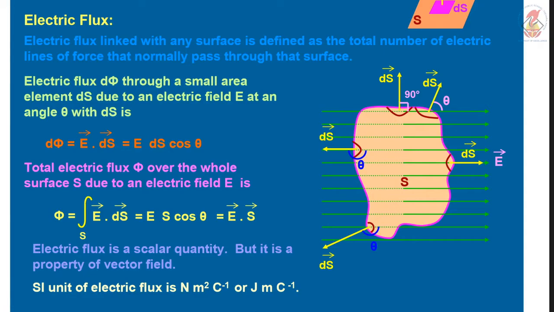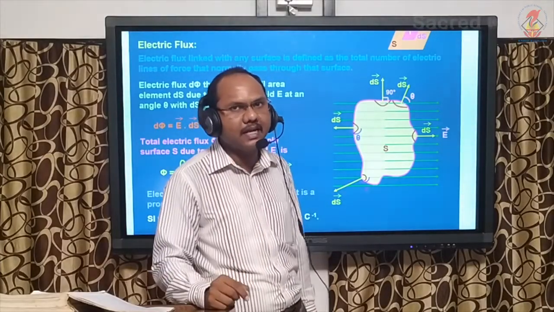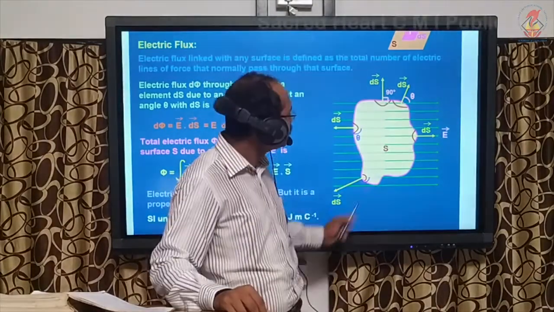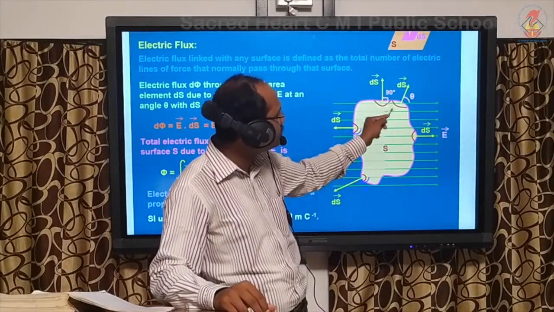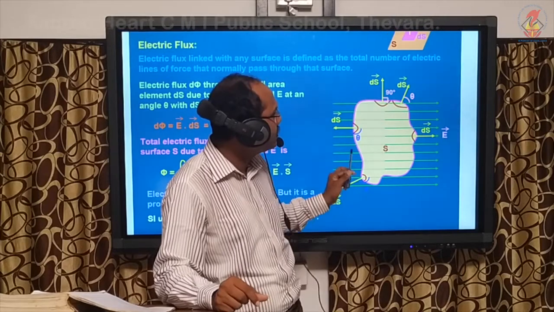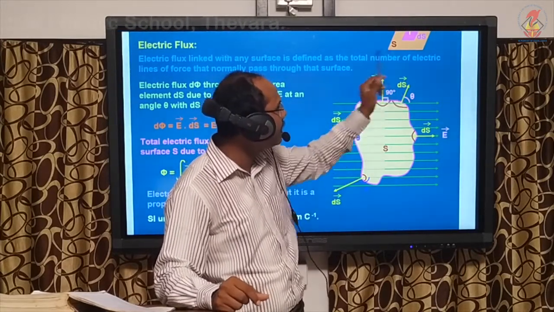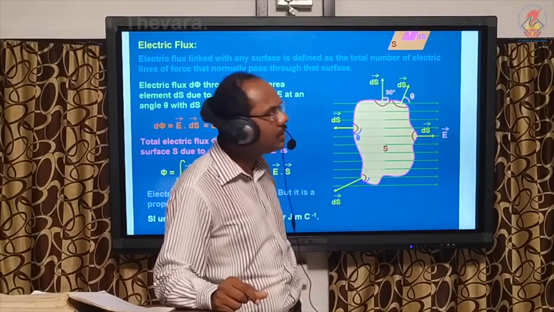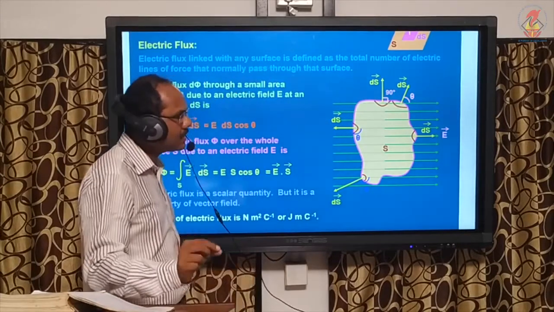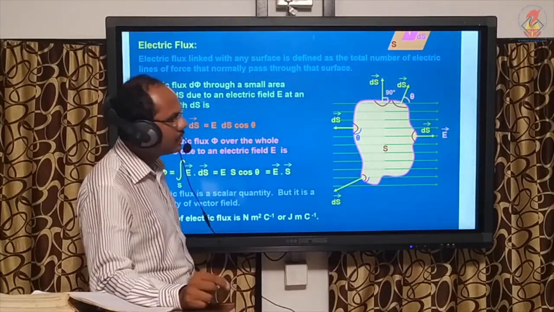When I say dS, it is the small portion of the entire area. So you take anywhere a small portion, which is dS, and along that surface you have to draw a normal, meaning perpendicular. That normal is called the area vector.